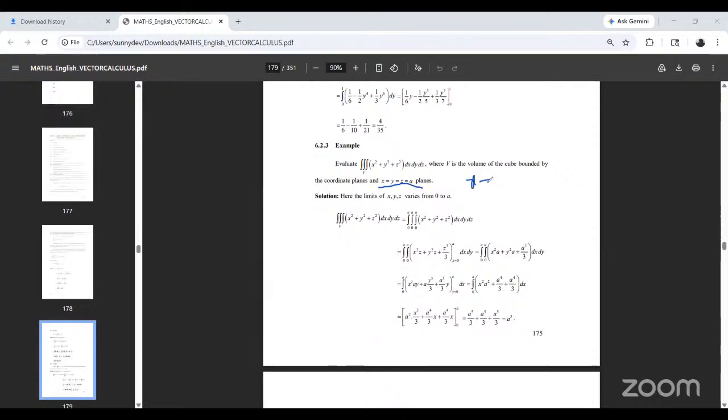The x limits are 0 to a, the y limits are 0 to a, and the z limits are 0 to a.